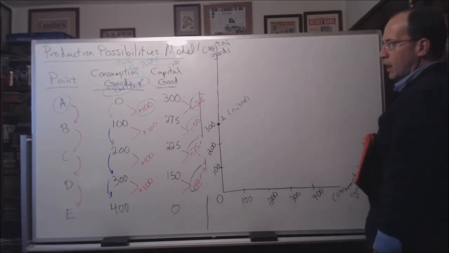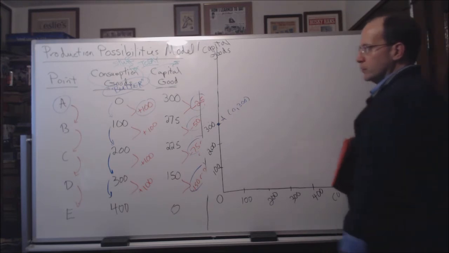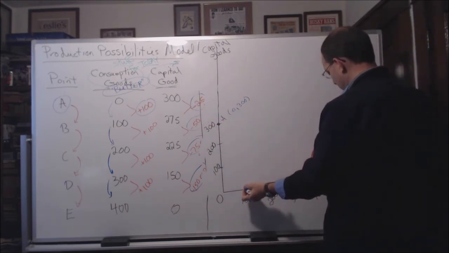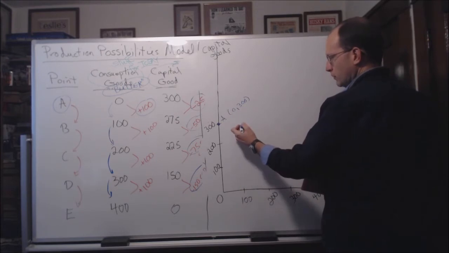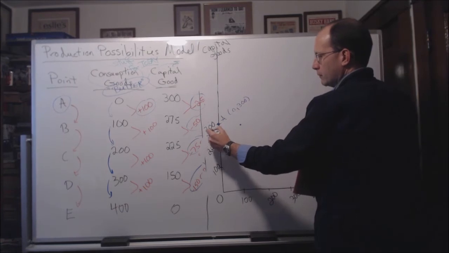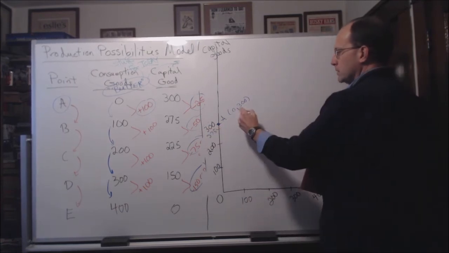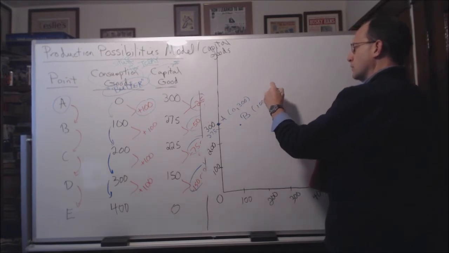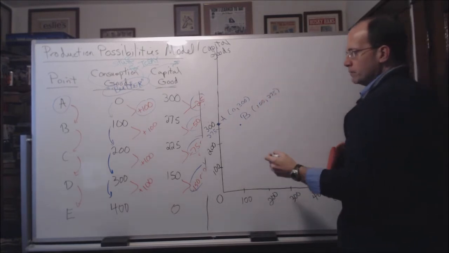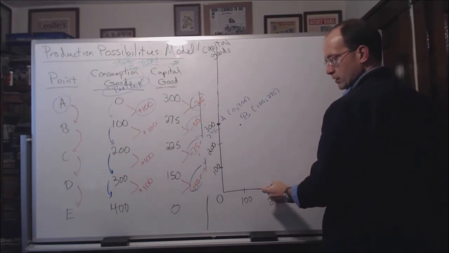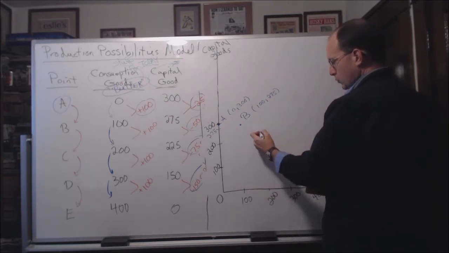Or, alternatively, we could produce combination B, which if you look over there, is 100 consumption and 275 capital. So 275 on the graph would be about there, and that's combination B. Or we could produce combination C, right? 200 consumption goods and 225 capital.